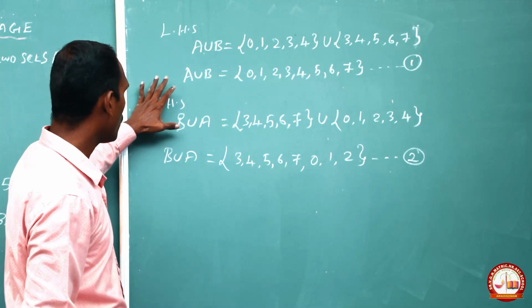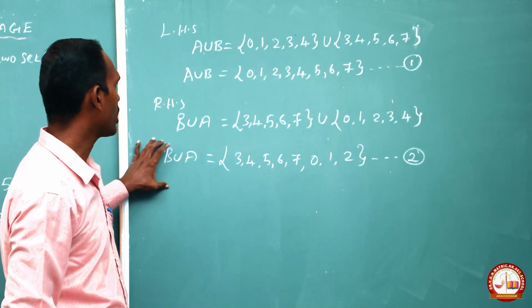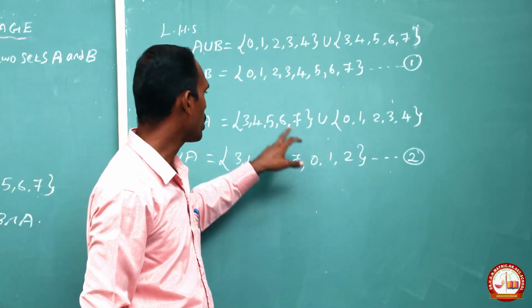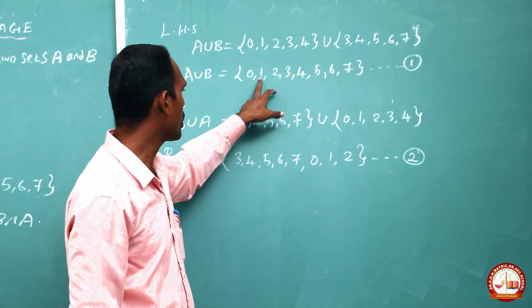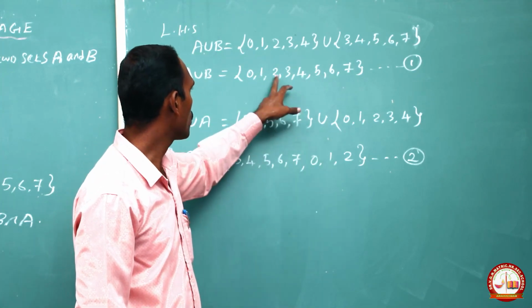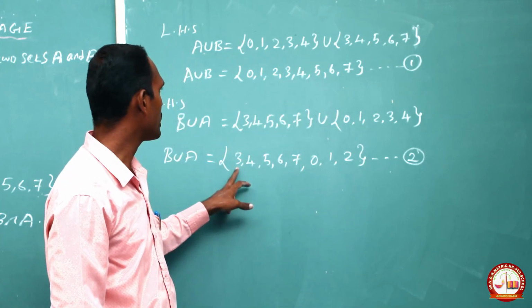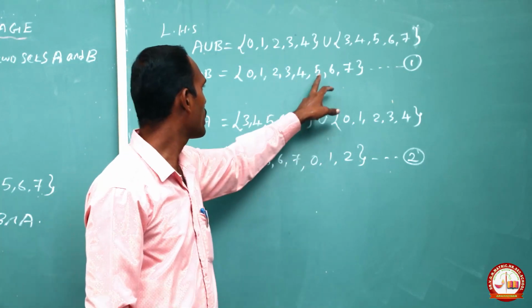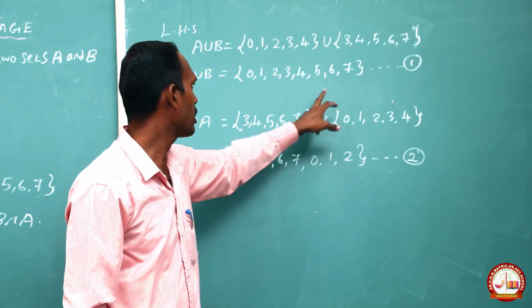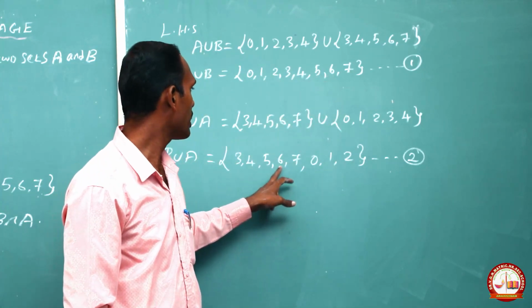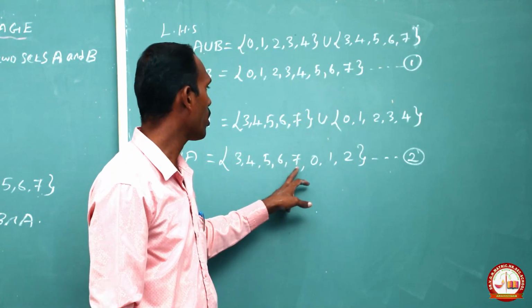Okay. So we compare the first equation and the second equation. Here you have 0, here you have 0. Here you have 1, here you have 1. Here you have 2, here you have 2. Here you have 3, here 3. Here 4, here 4. Here you have 5, here 5. Here you have 6, here 6. Here you have 7, here 7.